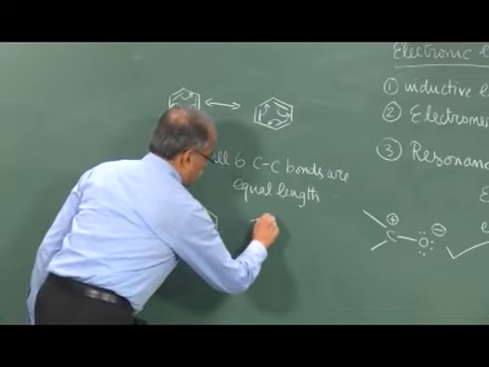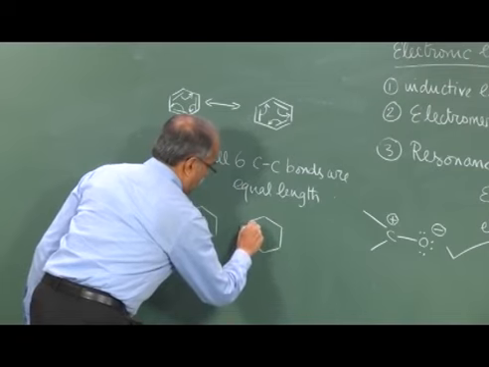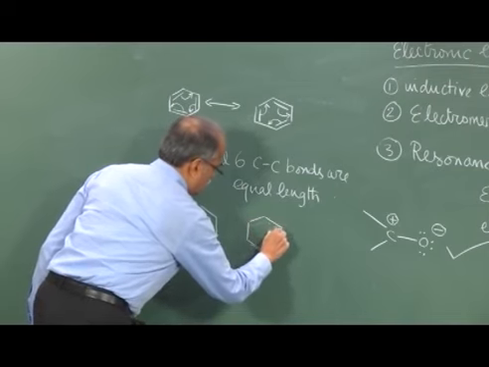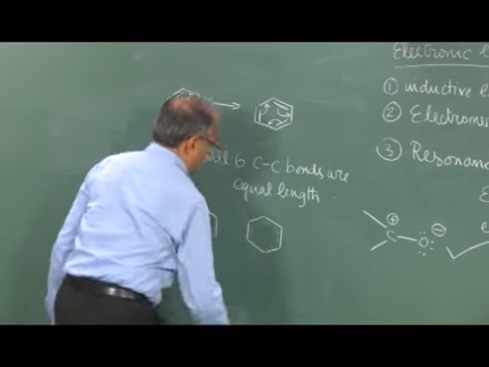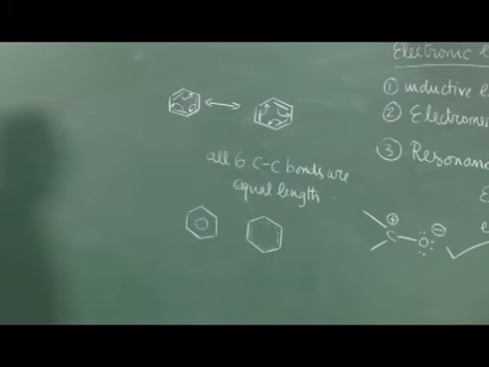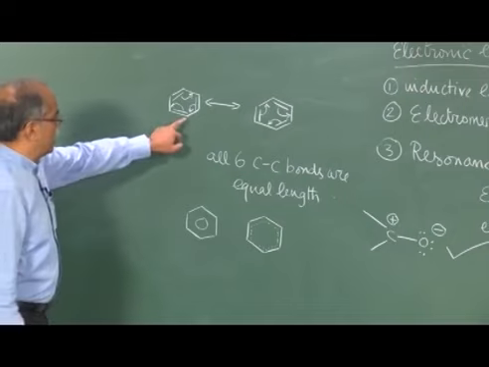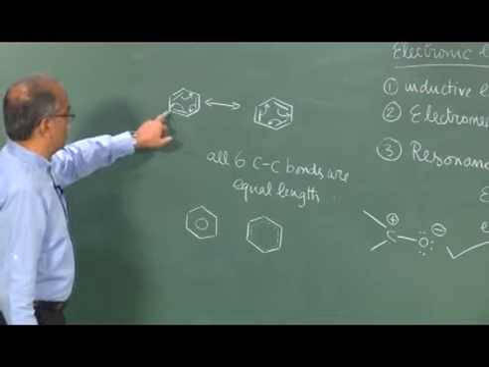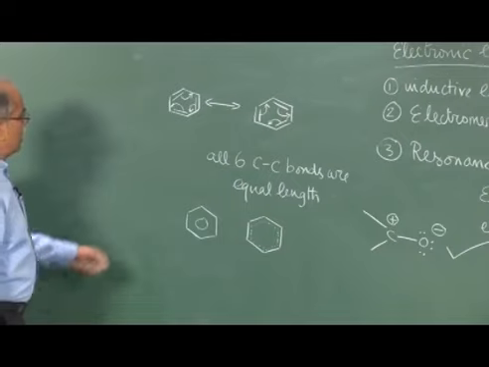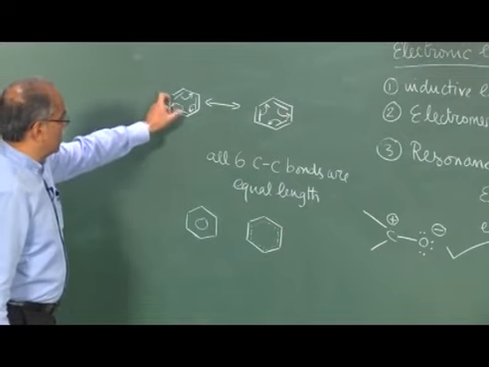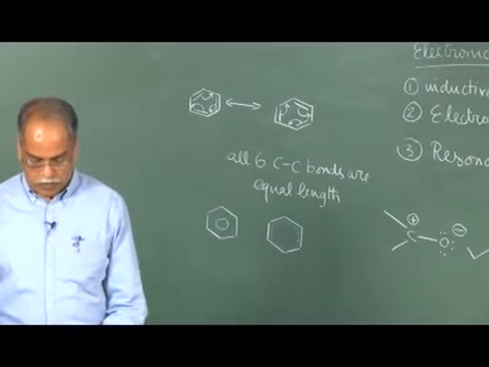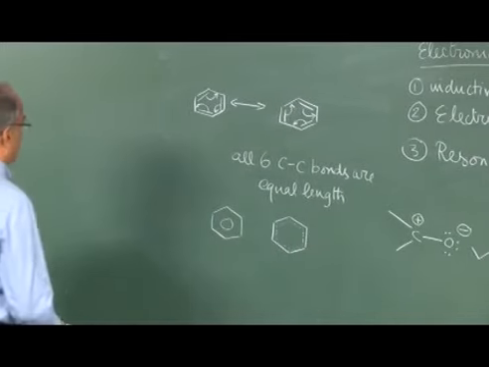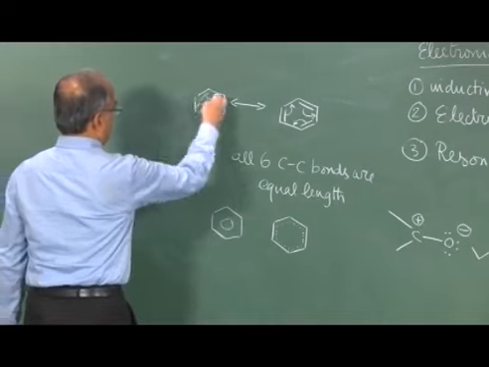Or one can write the benzene structure as a dotted line structure like this, indicating there is a complete delocalization of the electrons around the 6 carbons. In other words, the electron density on each one of the carbons will be identical and the bond lengths are identical. So, it is a highly symmetrical D6h structure, with a 6-fold axis of symmetry in this molecule.